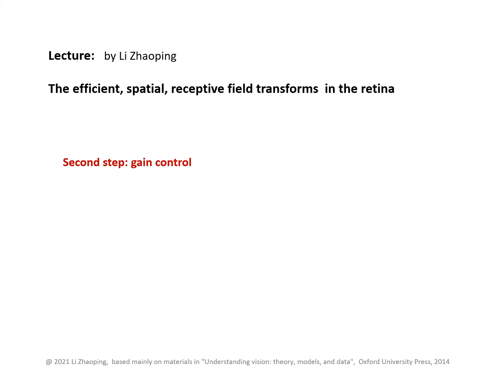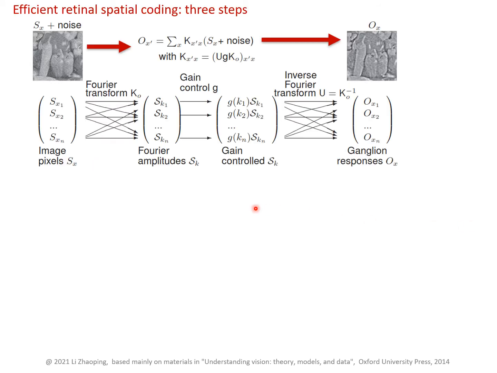Now let's look at gain control in the efficient spatial coding. Gain control is the second step in the efficient coding process. In the first step, decorrelation, it transforms the spatial image into its Fourier components, SK1, SK2, etc. These components are now decorrelated from each other.